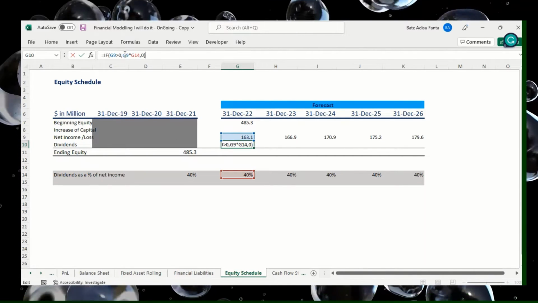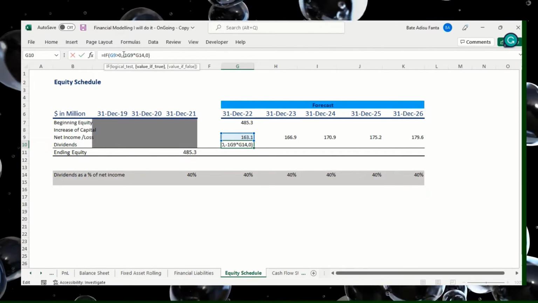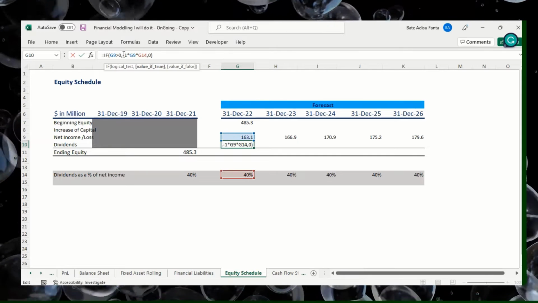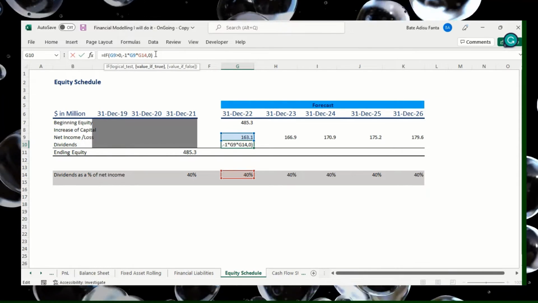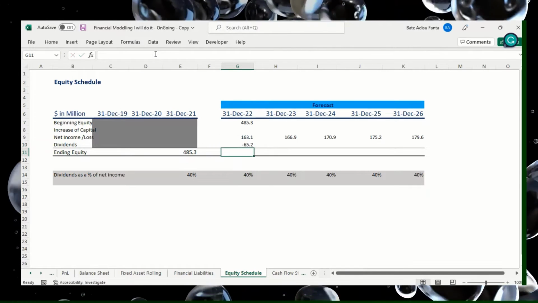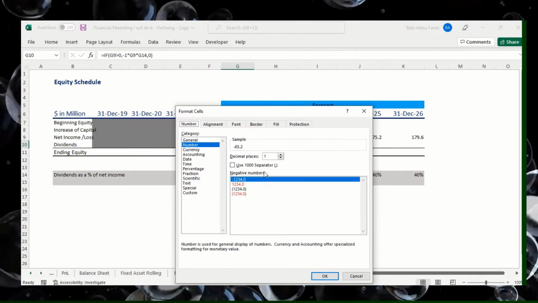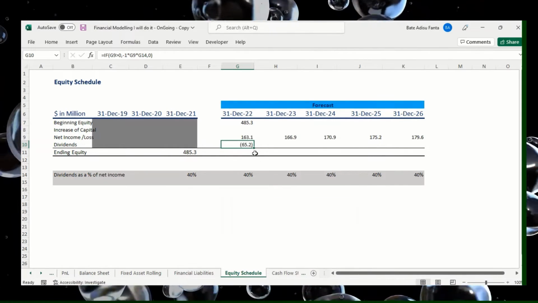We have to make sure that we put a negative sign here. We multiply it by -1 so that the dividend is written as a negative number. That's it. We may need to set up the format in brackets.